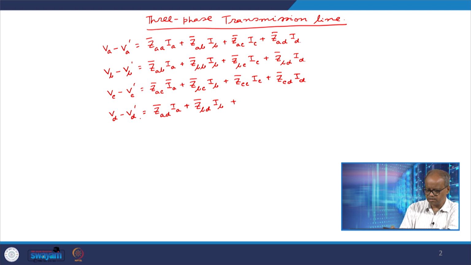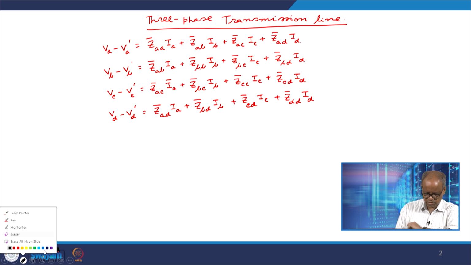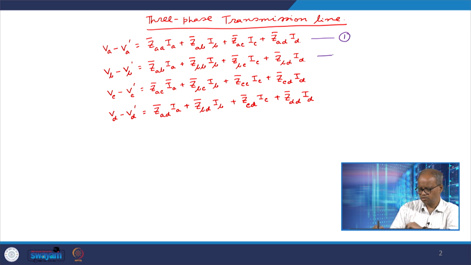Then ZDC, that is ZCD, IC plus ZDD ID. All these are primitive impedances and we have already defined them. Let us give them equation numbers: this is equation 1, 2, 3 and 4.